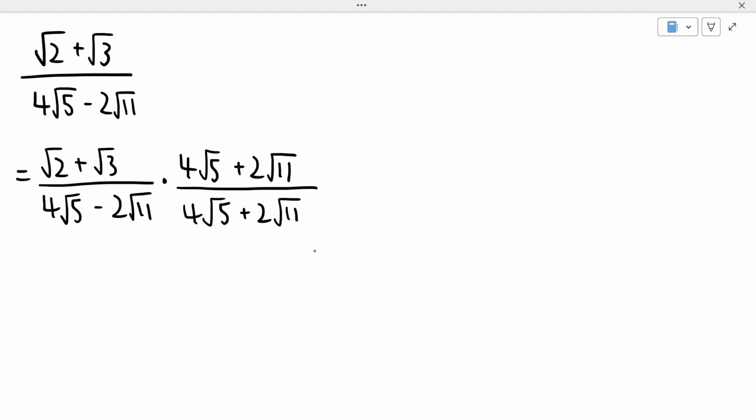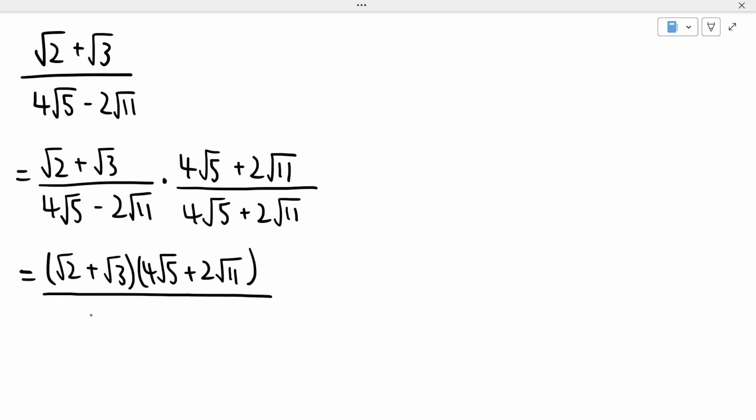So now we need to combine the fractions by doing the multiplication, and the numerator becomes square root of 2 plus square root of 3 times 4 square root of 5 plus 2 square root of 11, and the denominator becomes 4 square root of 5 minus 2 square root of 11 times 4 square root of 5 plus 2 square root of 11.